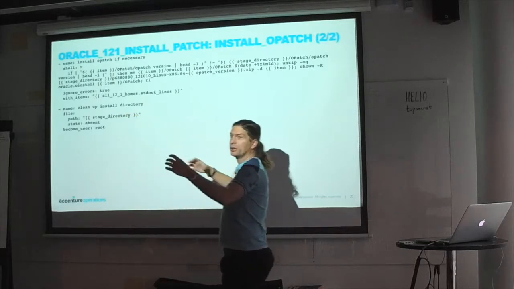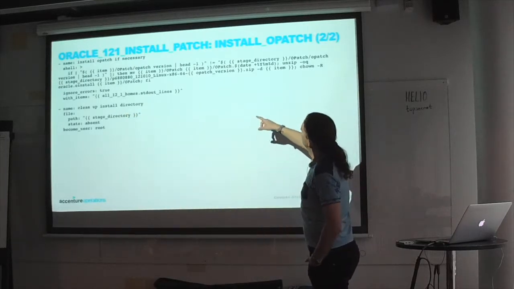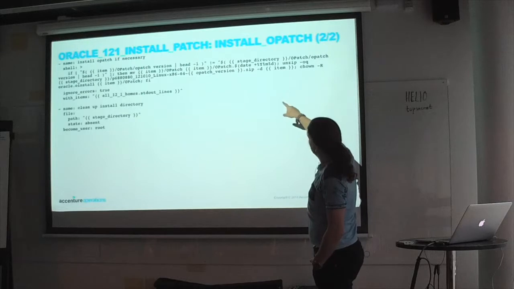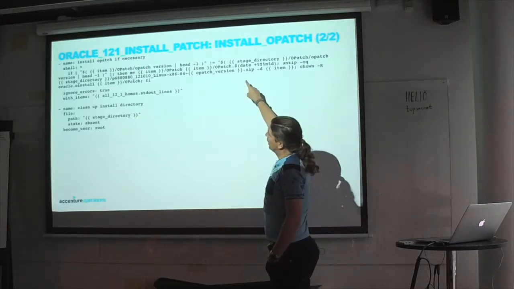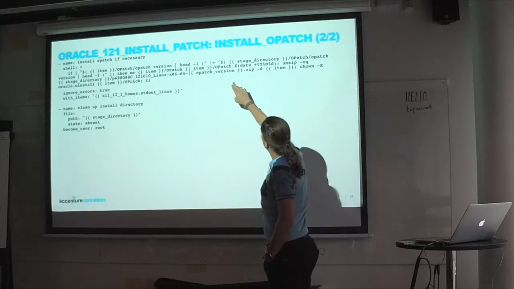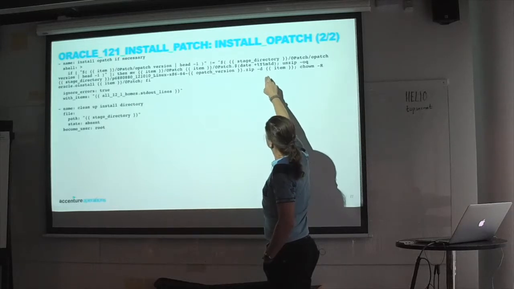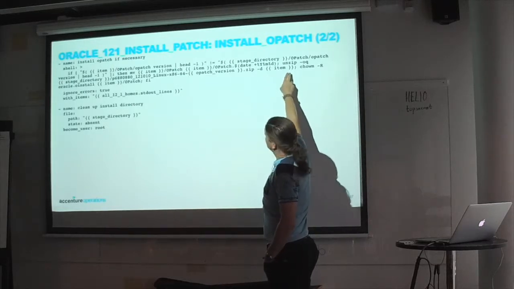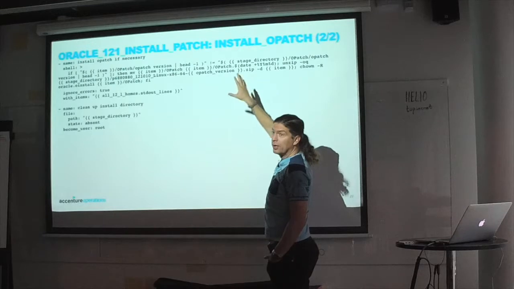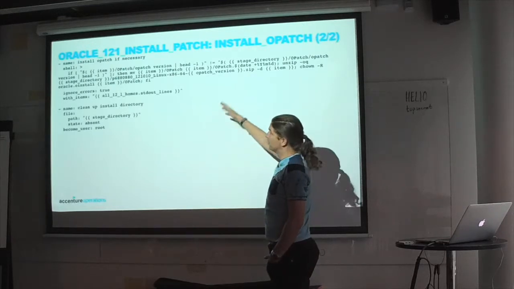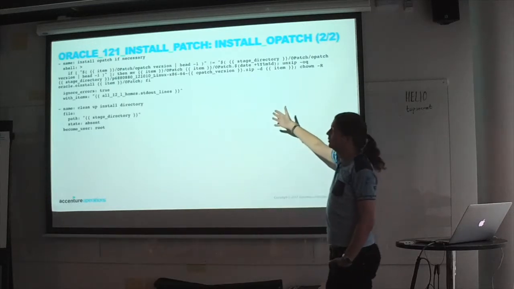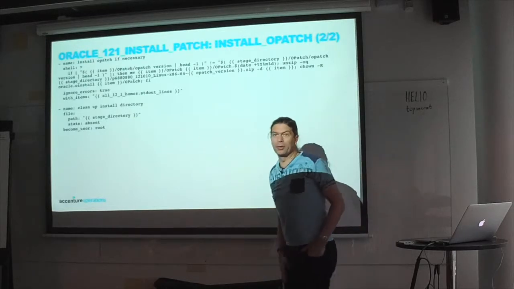So if these are not the same, I first move the current OPATCH in the database home to OPATCH and then a date added to it, and then unzip the file into the Oracle home. This is how you install OPATCH. And then I clean up the directory.